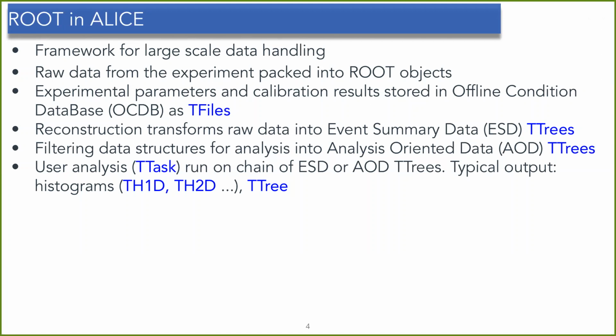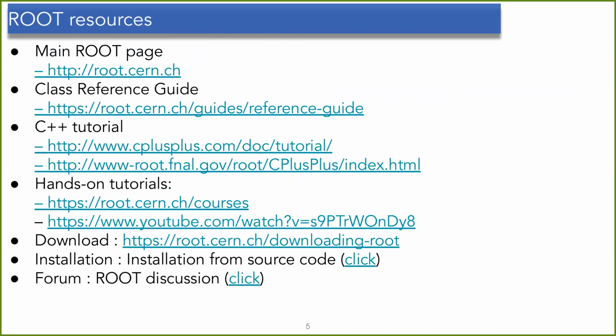So in this lecture today, I will give you some basic idea about ROOT. Here I quoted some references for ROOT. From the main page, one can get a brief idea about ROOT, and for the class reference for the different types of ROOT objects, one can look here.